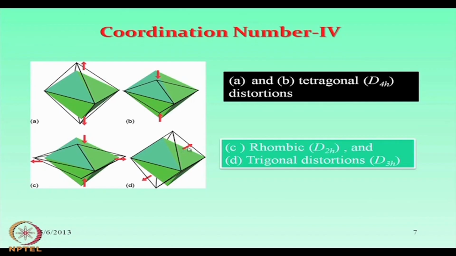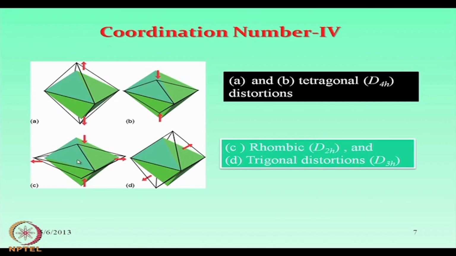So if this is getting elongated along these C3 axis, we get trigonal distortions, and rhombic distortions are such that we have the compression along z axis, elongation along y axis. So Z axis will remain untouched.